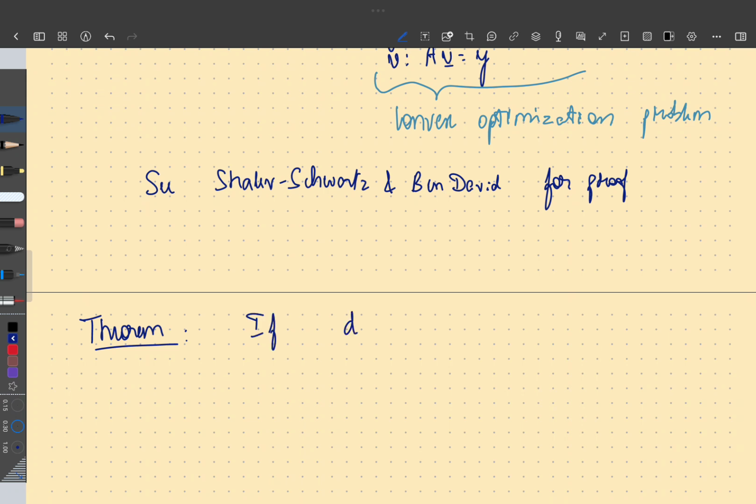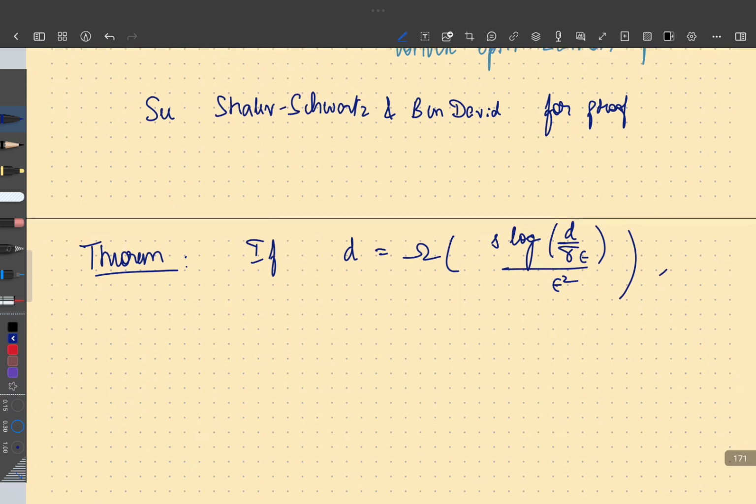So if d is some universal constant times s log d by delta epsilon, divided by epsilon square.